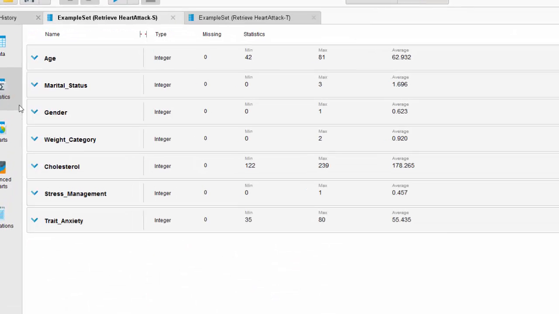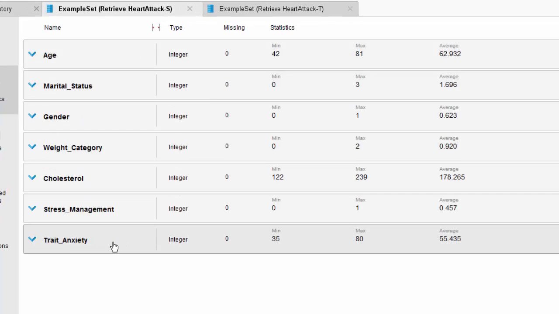Once you run it, you can see that it contains all those variables except the second heart attack. So this scoring dataset is of people who already had their first heart attack, and we want to see if they are going to contract a second heart attack, or they're at risk of contracting a second heart attack or not.